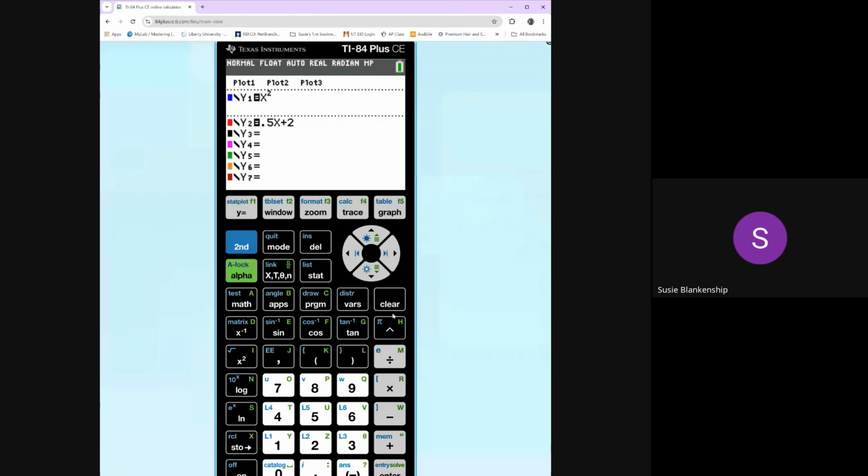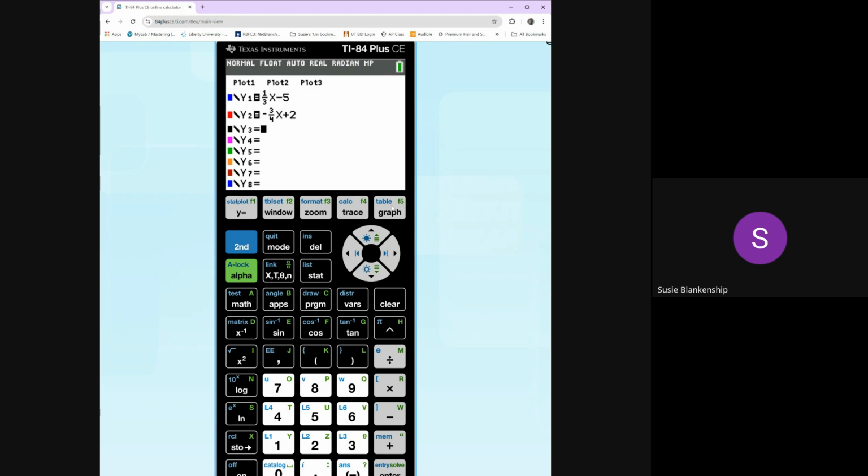Go here, clear, clear. So the first equation we have is 1/3 x minus 5, enter, and then I have negative 3/4 x plus 2.